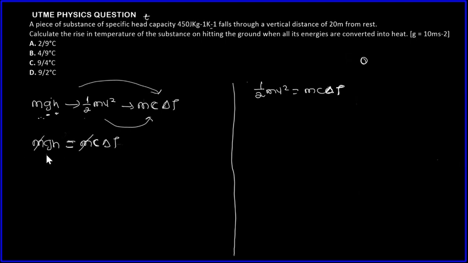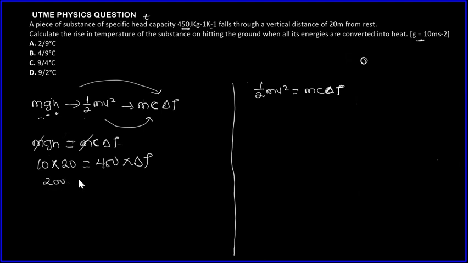So we're given acceleration due to gravity, which is 10 meters per second squared, times the height, the vertical distance of 20 meters. So that's the height, which is 20, right? The specific heat capacity is 450 times the rise in temperature, right?